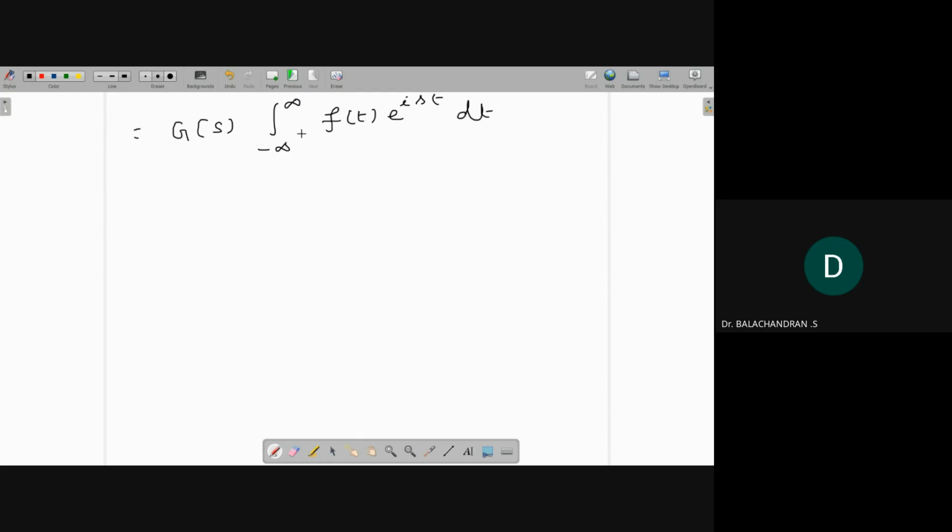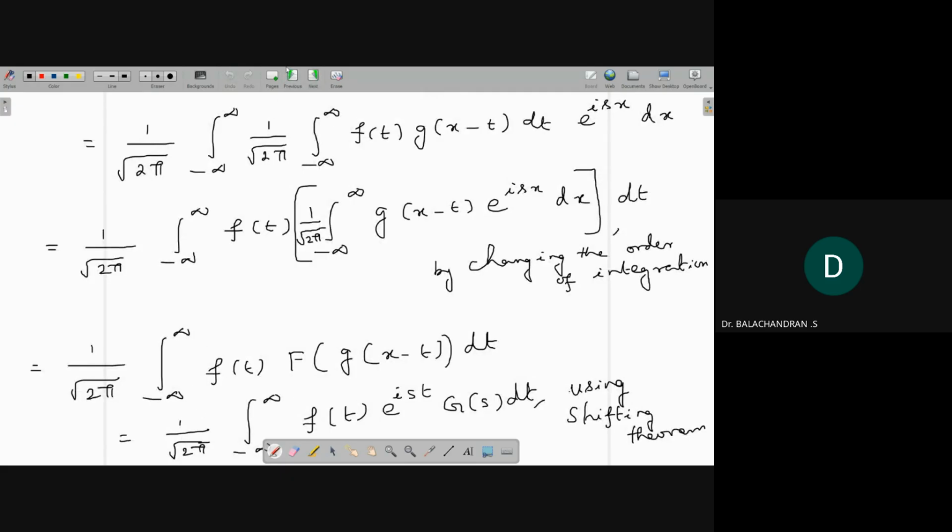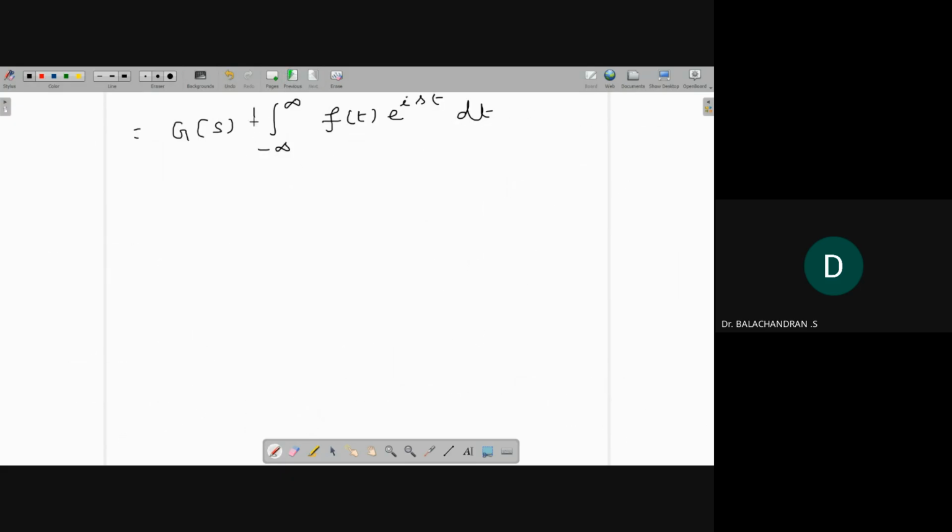So this is nothing but 1 by root 2 pi. I think I missed it, I should write here 1 by root 2 pi. So this is equal to g of s into the remaining thing, which is the Fourier transform of f of t, or you can directly write that as the function F of s. So that's all.